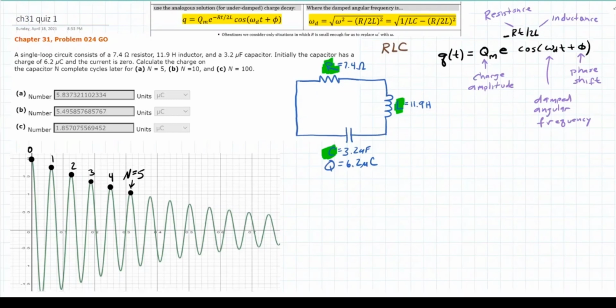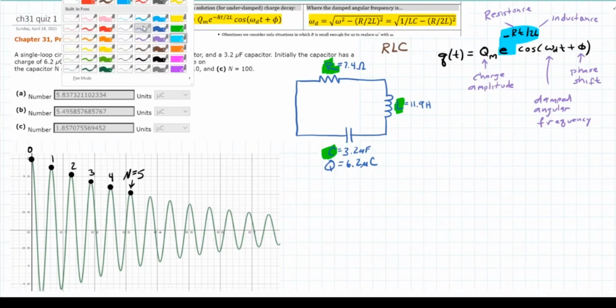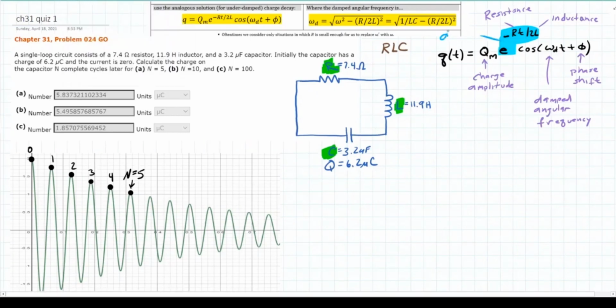All right, so now this entire term right here, this is my decay term. I don't need this term in a perfect world, but I need this term right here in blue, because I do have energy loss. So this is my exponential decay. And you can see in this visual, and we saw in Falstad, how things are decaying away because the resistor is stealing energy.